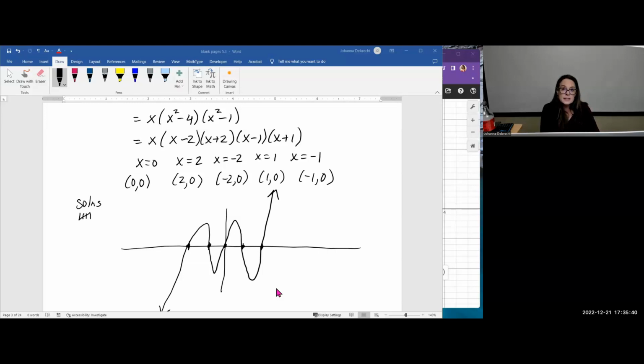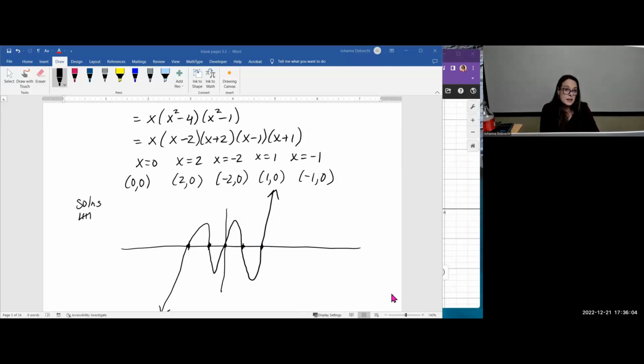I know in this case that there have to be 1, 2, 3, 4 turning points because there's no other way to go through the axis at each of those x-intercepts and draw it so that as x goes to negative infinity, the y value goes to negative infinity. And as x goes to positive infinity, the y value goes to positive infinity.